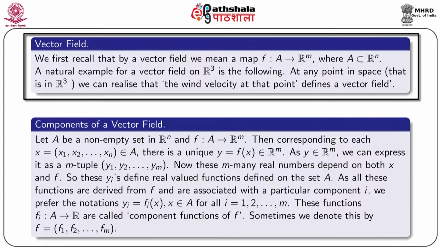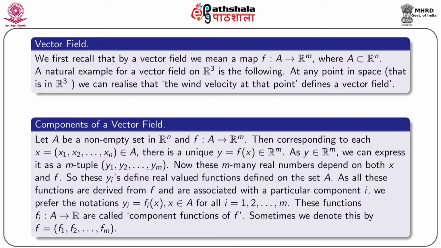First of all, let us recall what we mean by a vector field. Let us consider a function f defined over a set A, where A is a subset of Rn. If the codomain is a subset of R, we call f a scalar field, and if the codomain is a subset of Rm where m is greater than 1, we call f a vector field.